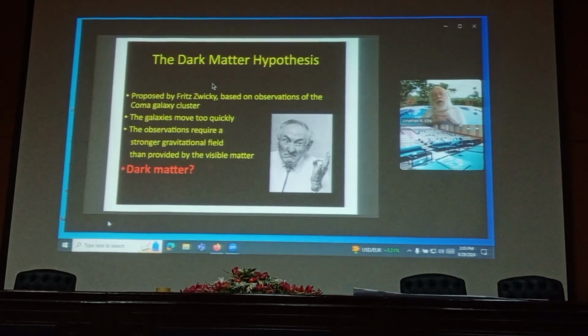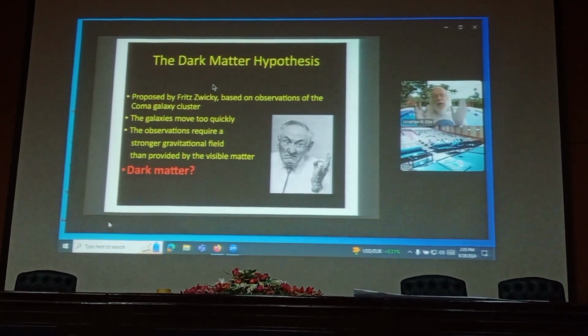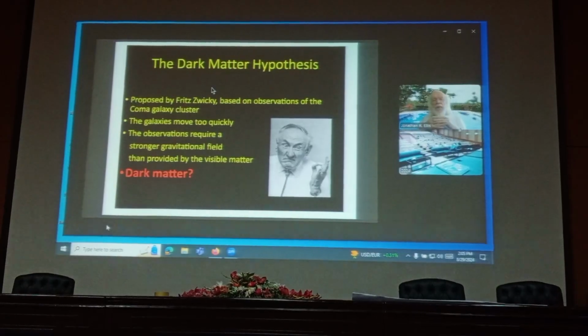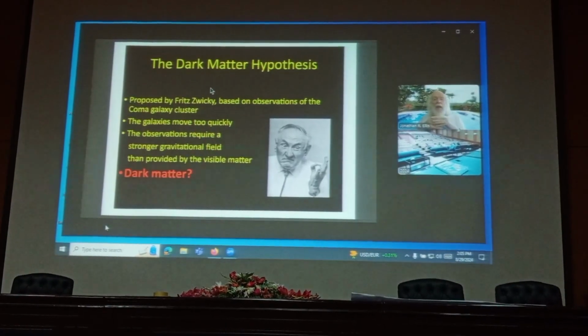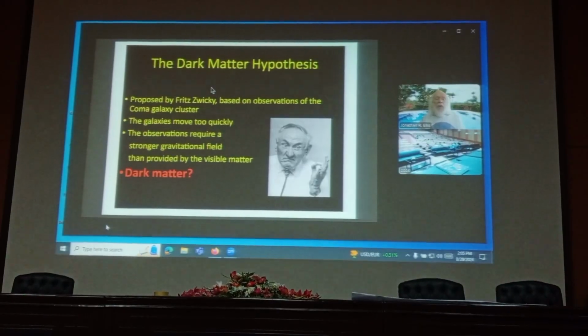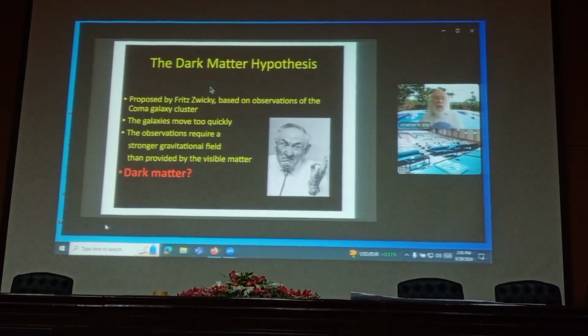Okay, so the story of dark matter, as we currently think about it, originated with Fritz Zwicky, who you see here, a Swiss astrophysicist working in the US, who made observations of the Coma cluster of galaxies.